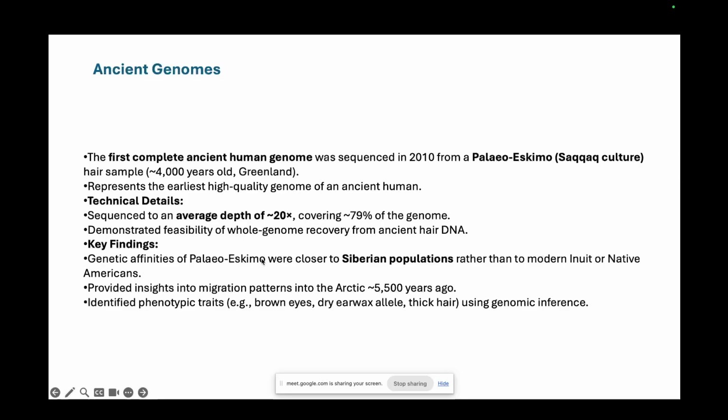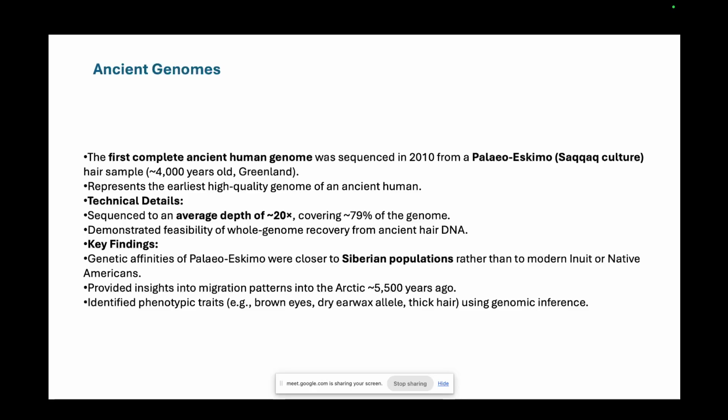So the main finding was that this particular individual, coming from this particular group, was closer to Siberian populations rather than to modern Inuit or Native American populations, right? And it also provided migration patterns. So if you can find an ancient individual and find ancestral information of that individual in terms of what are the components of the ancestry of the individual's DNA, you can have an idea about which two populations actually got admixed and what can be the migration patterns of these individuals through different populations that came together and admixed, right?